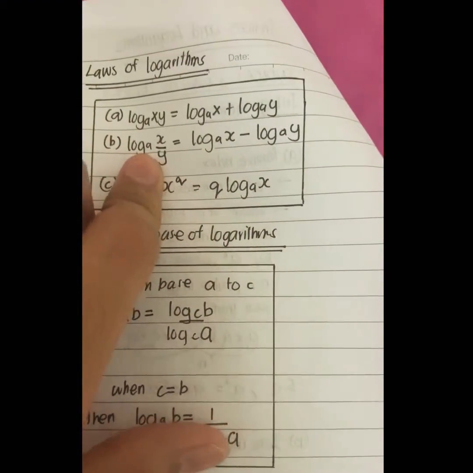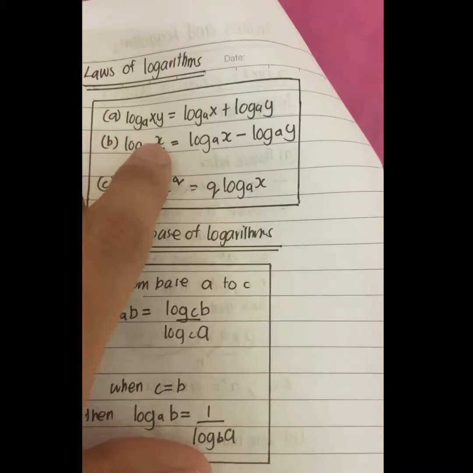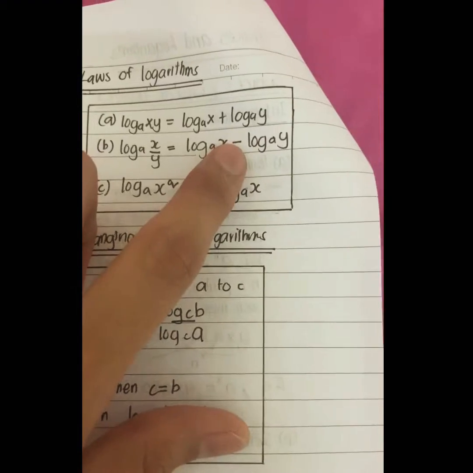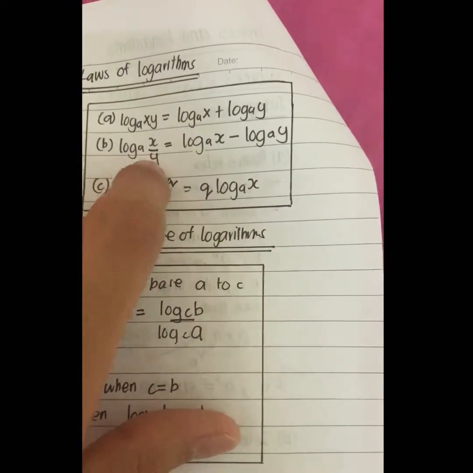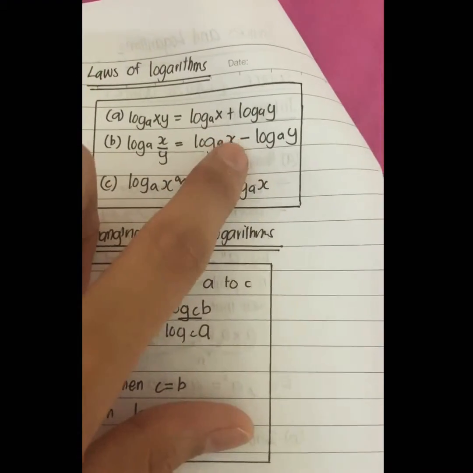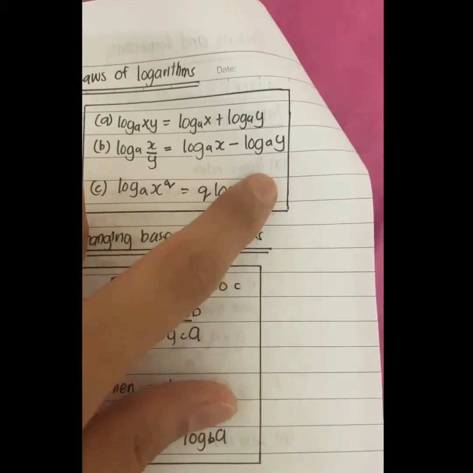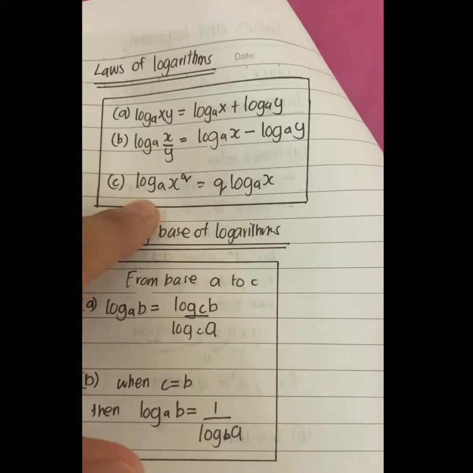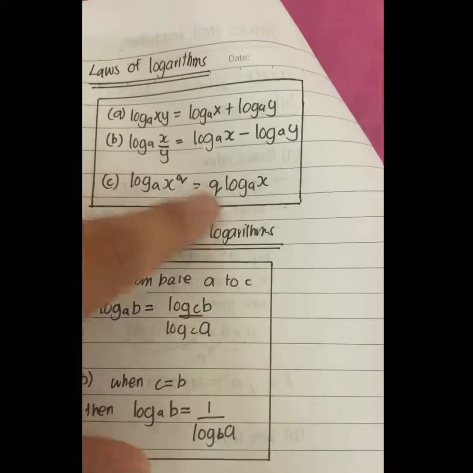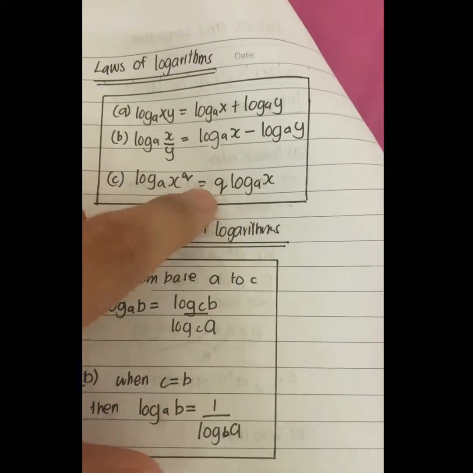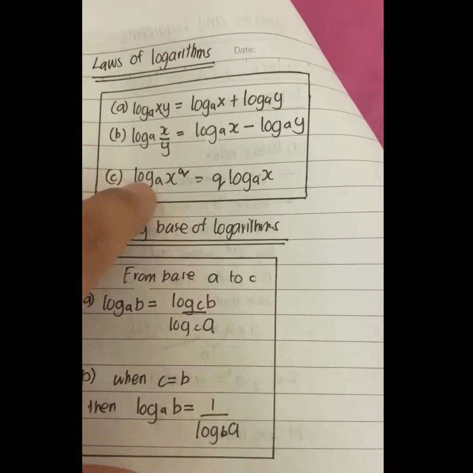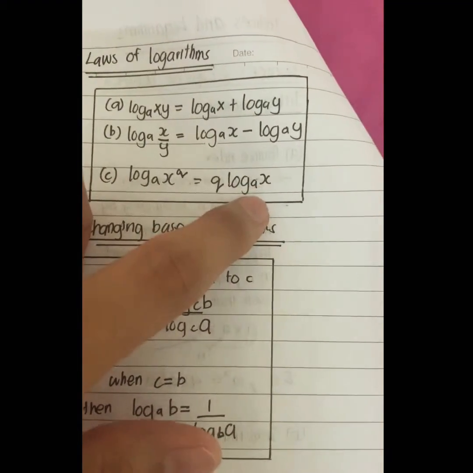Here we must remember, when we divide, we will have minus. Then we have log x to the power of q to the base a, so we can bring q to the front and are left with q log x to the base a.